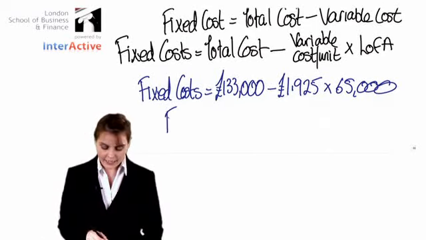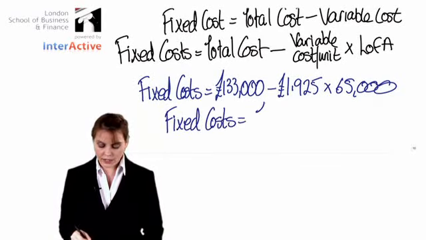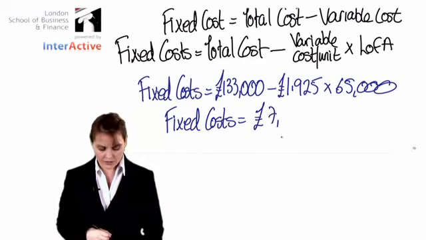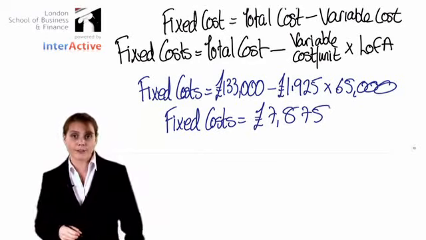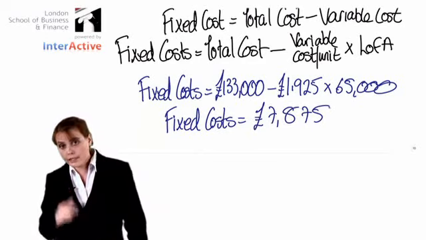Put that into your calculators then, and you should work out that the fixed costs are equal to 7,875. So we're nearly there.